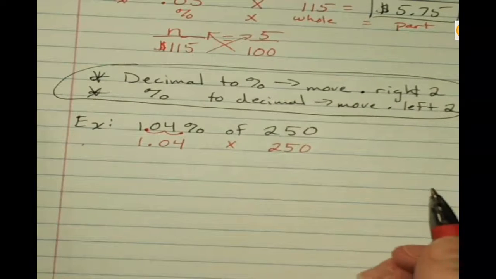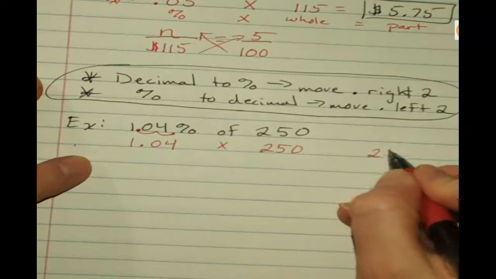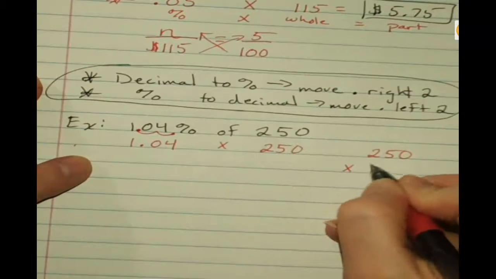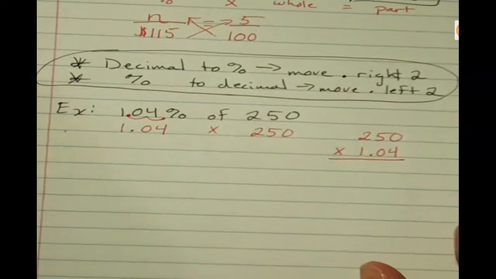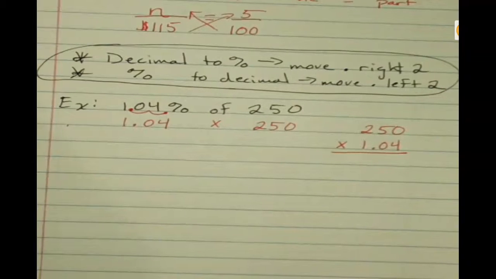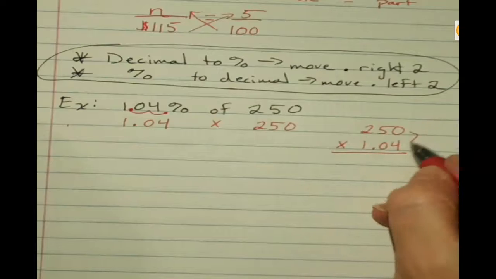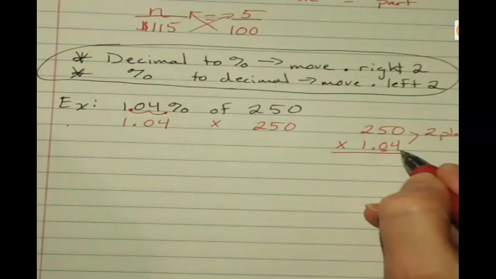Okay, so then all you need to do is over to the side, 250 times 1.04. And don't forget there's 2 places in the problem behind the decimal.